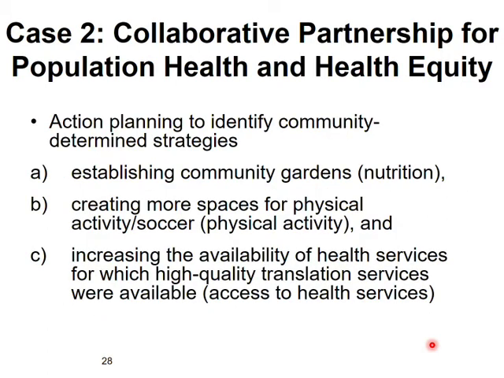Once they got the three goals, they wanted to come up with an action plan to identify strategies to work towards them. So they established community gardens to improve nutrition. They created more space for physical activity, for soccer, and they also increased the availability of health services for which high quality translational services were available.